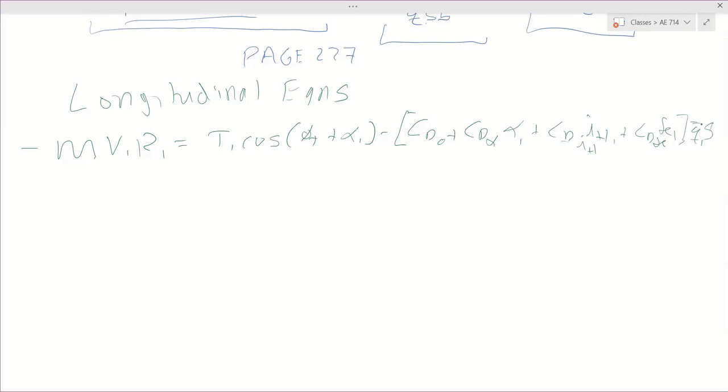So that's the drag equation. And again, you can look at this and go, yep, there's the drag, linear drag model here. There's the thrust force in the forward direction.